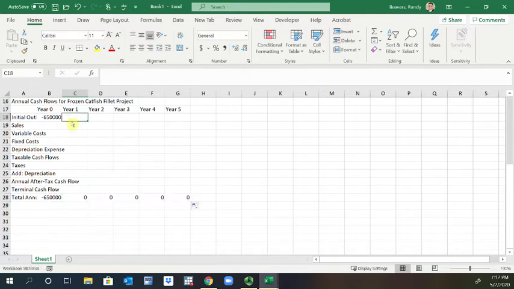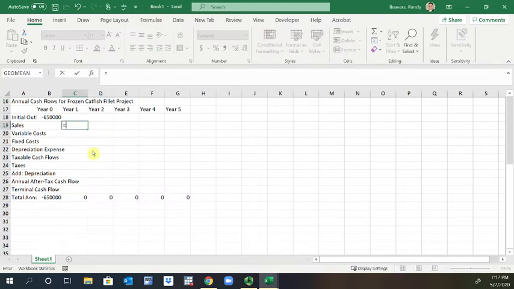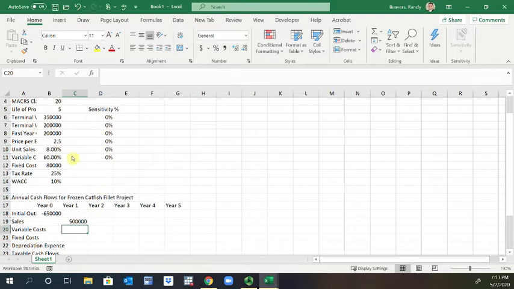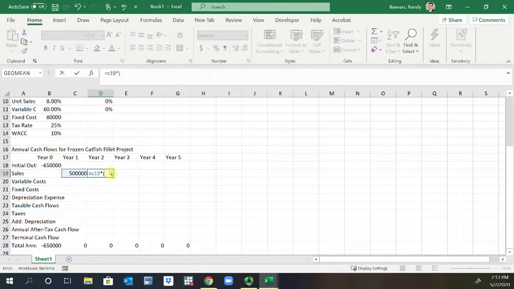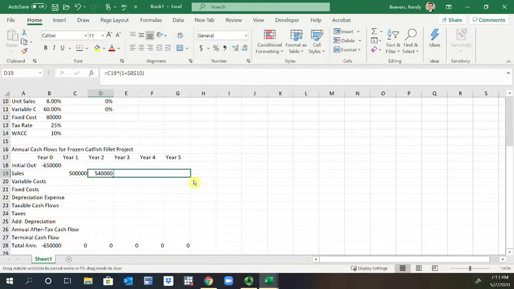Okay. So our sales, that's going to be equal to B8 times B9. So that's pulling in the first year catfish sales. Then the following year will be equal to C19 times 1 plus B10 anchored. And we'll drag that across.